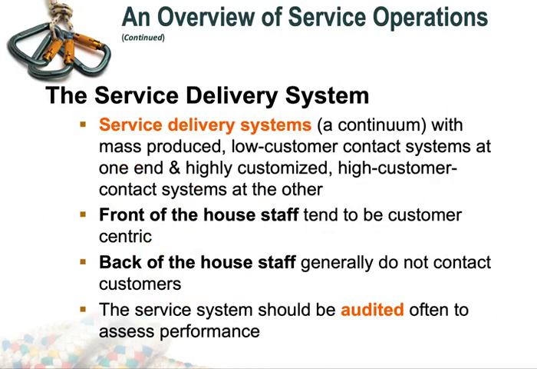Then talking about the service delivery system, with mass-produced low customer contact service at one end and highly customized, and also high customer contact system at the other. So this is the combination between high contact and low contact. So front of the house staff, it means the frontline staff, tend to be customer centric.